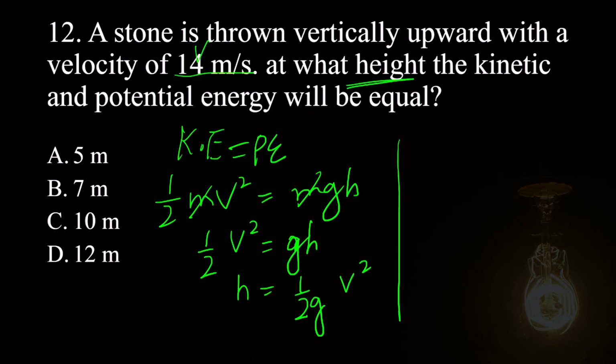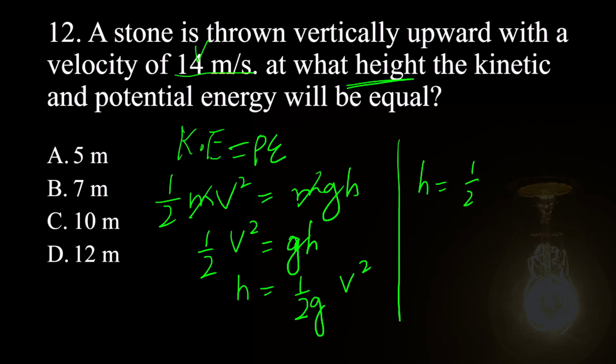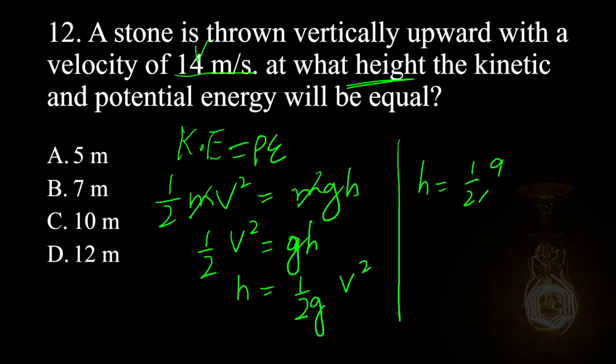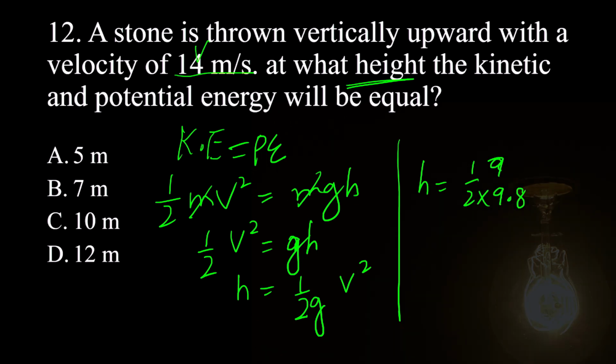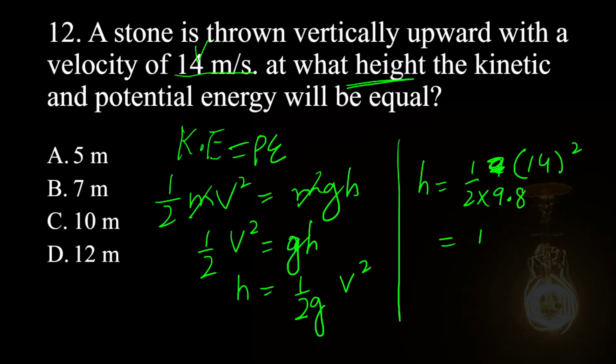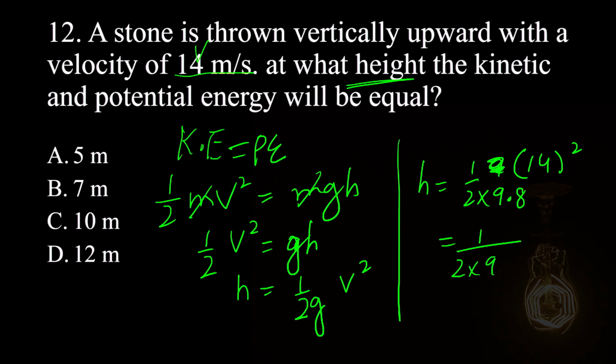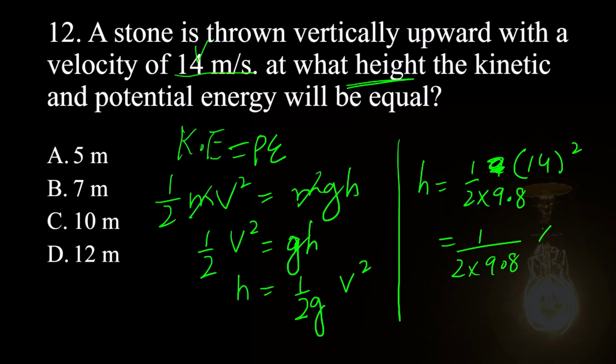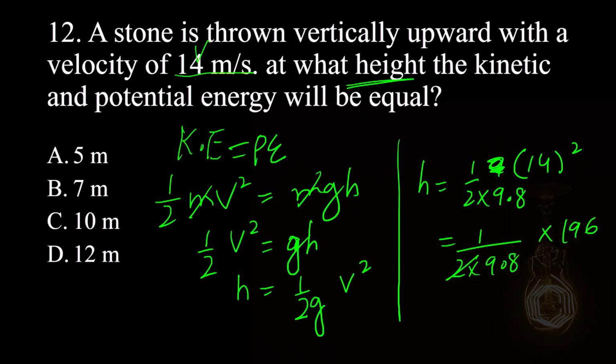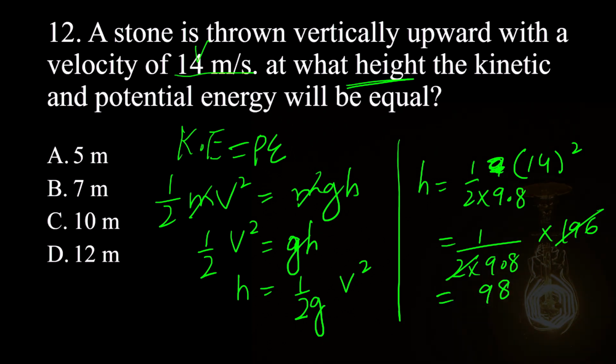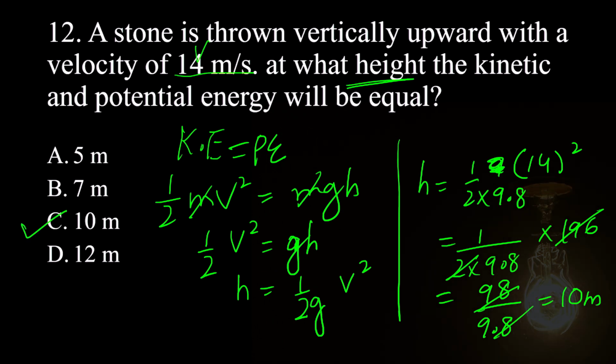After substituting the values, v square is 14 square, which is 196. When you cancel out 196 by 2, it is equivalent to 98. So 98 divided by 9.8 is equivalent to 10 meters. So the correct option is C, 10 meters.